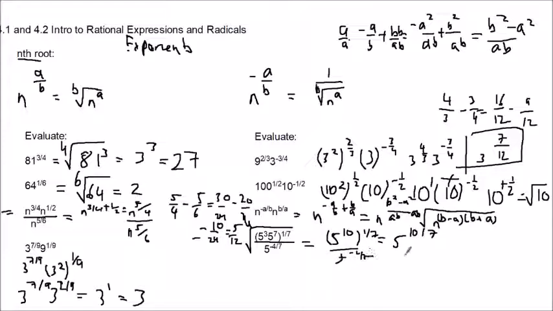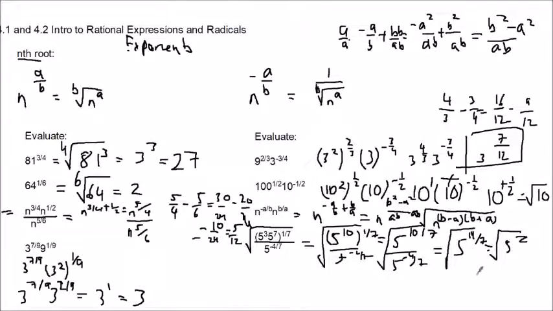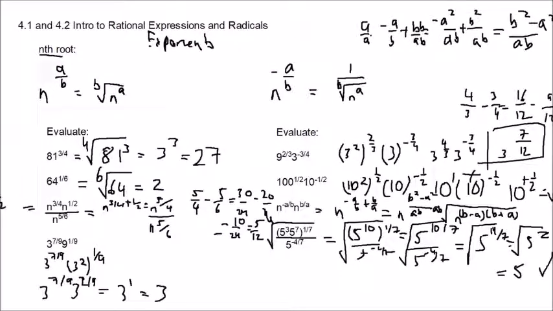Since it's all over 5 to the negative 4 over 7, you add 10/7 and 4/7 and you'll get 5 to the 14/7, which is 5 squared, and then the square root of 5 squared is just 5. So the answer is literally just 5. See, you can break down a complicated equation and make it simple. The answer is just 5.